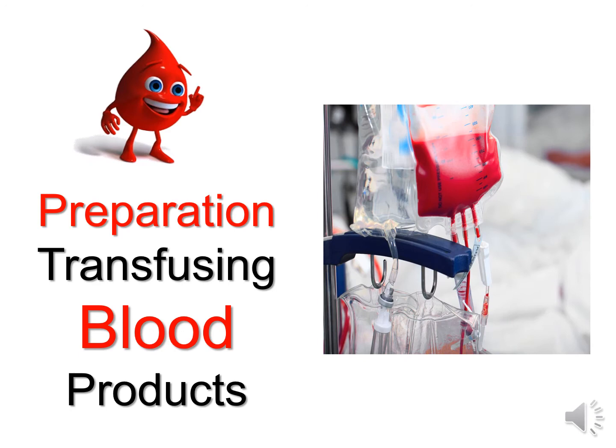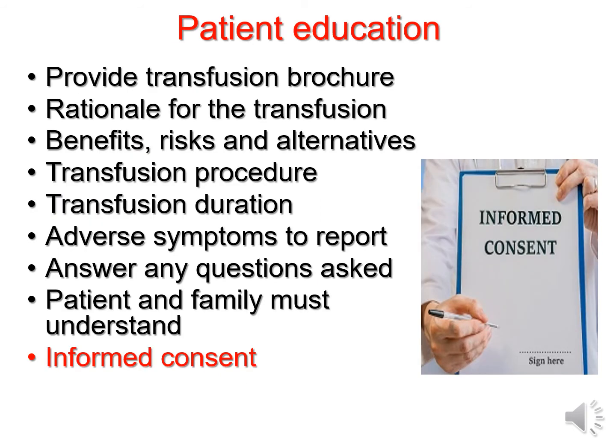So when we prepare blood for transfusing or a blood product, patient education is really important. Most organisations provide a transfusion brochure, the rationale for the transfusion, which includes the benefits, the risks, any alternatives, the transfusion procedure, the duration, any adverse signs and symptoms that they should report, and answer any questions asked.